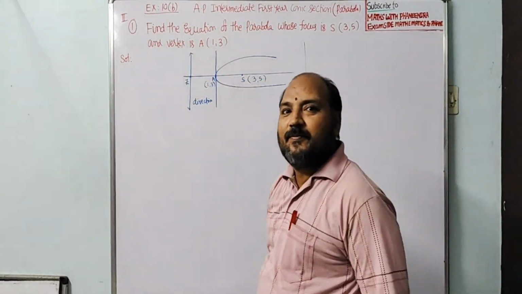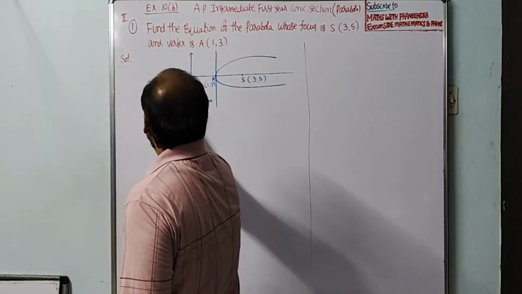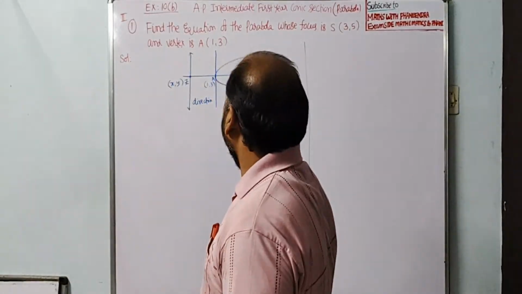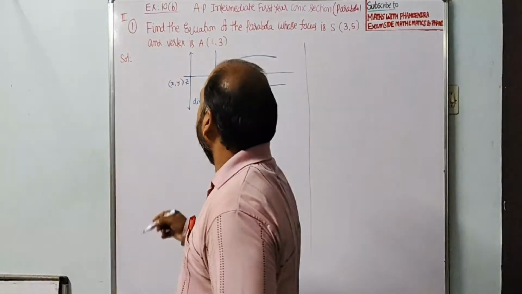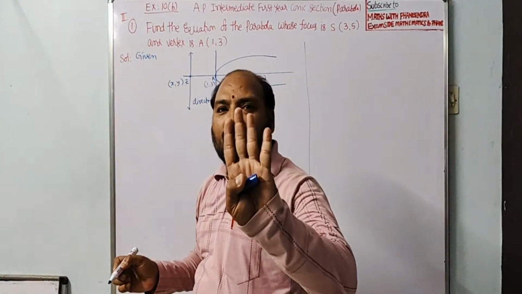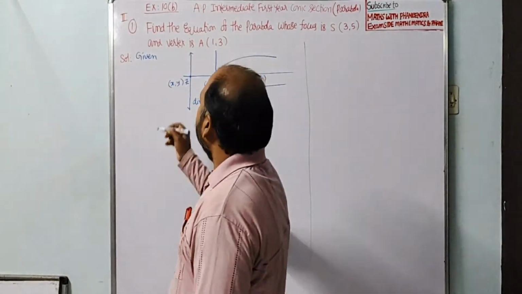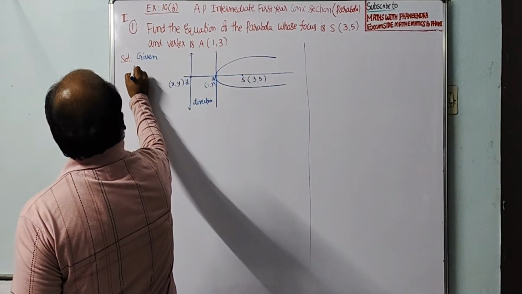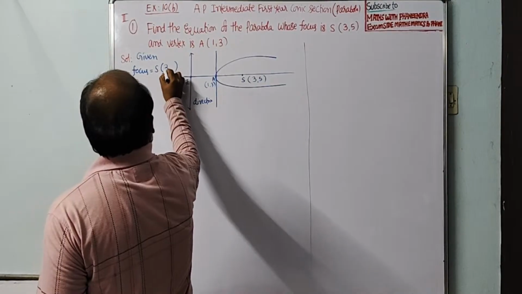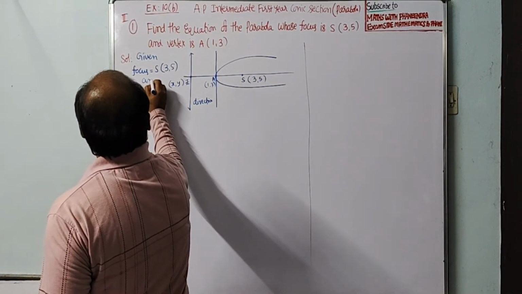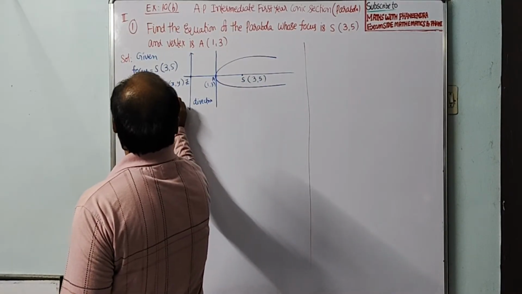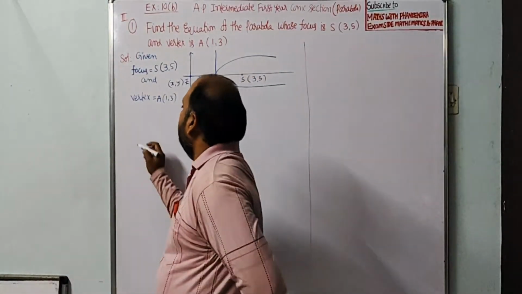Okay, dear students. And we don't know the coordinates of Z. I am taking it as (x, y). First, given focus and vertex, you write the steps. Why? Because there may be chances to ask for 4 marks in AP Intermediate first year. Given focus S(3, 5) and vertex A(1, 3).